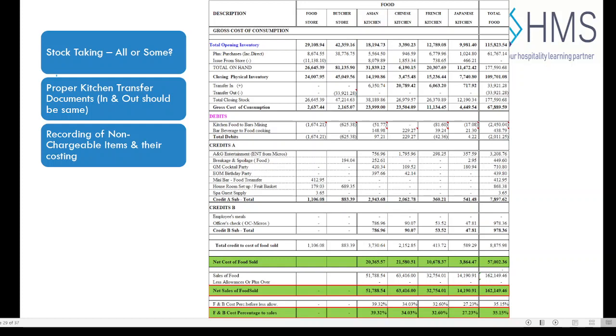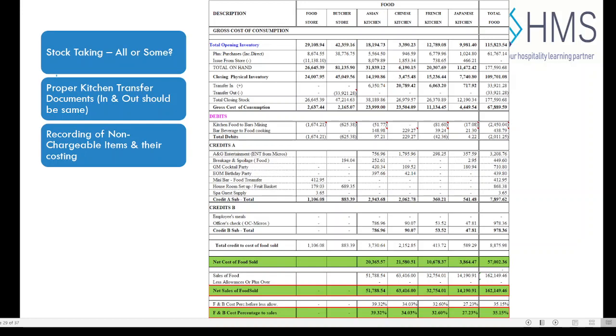Ideally the maison checks, the non-chargeable checks, should not impact the cost percentage of the month. So normally you calculate first without the entertainment checks, adding the full value of the checks to the sales, and then you calculate the percentage, and then you transfer out from the cost based on that percentage, rather than calculating the cost on a standard basis.